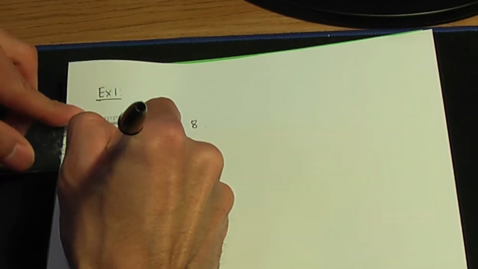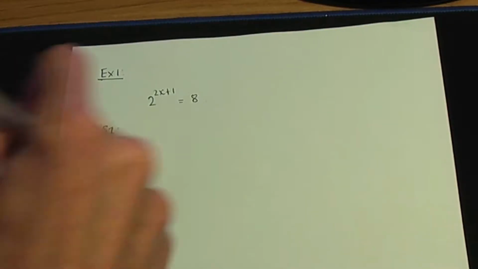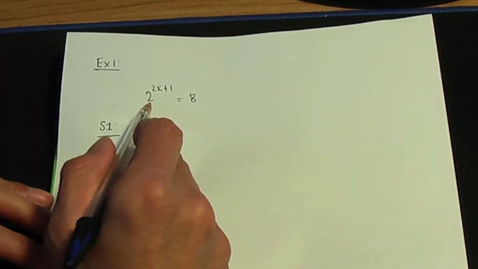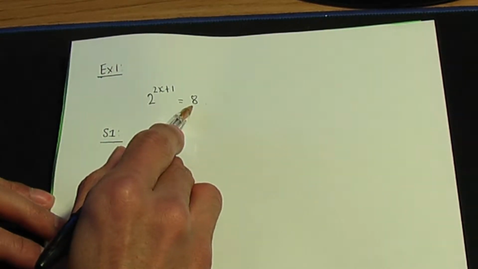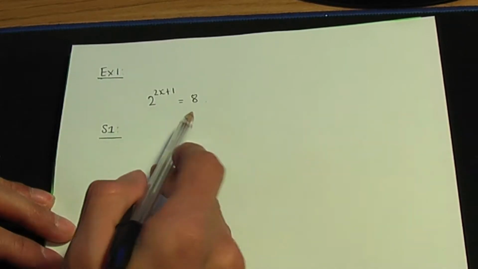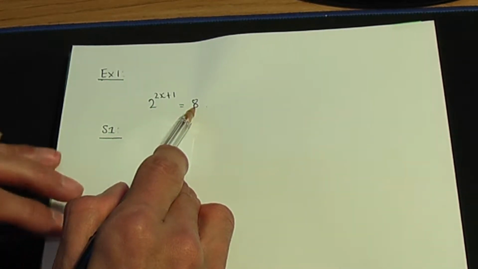We need to make the bases the same on both sides of the given equation. In this equation, I have a base of 2 on the left hand side and I have a base of 8 on the right hand side. So let me try and make 8 a base of 2 to the power of something.